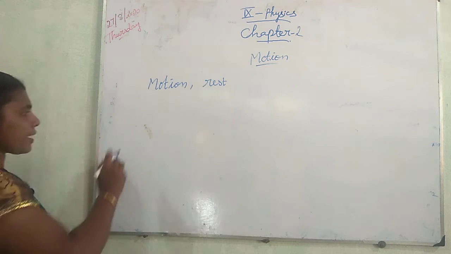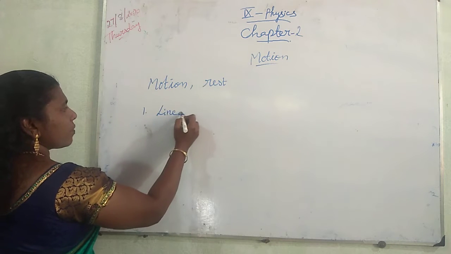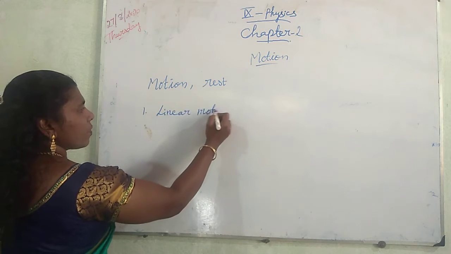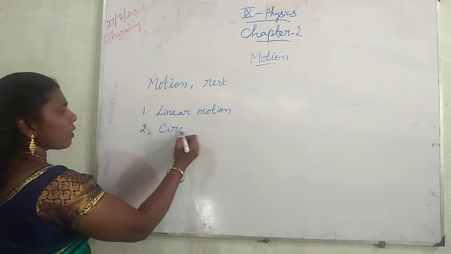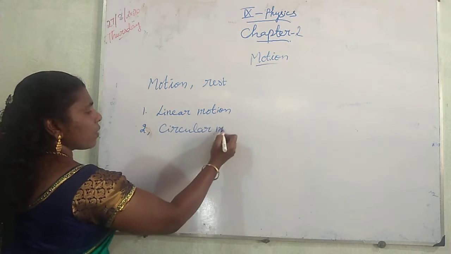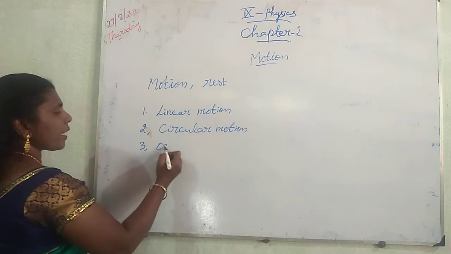Then we can see the types of motion. First one, linear motion. Second one, circular motion. Third one, oscillatory motion.